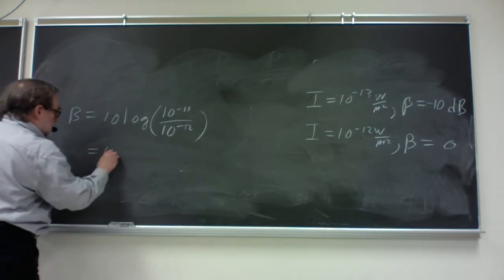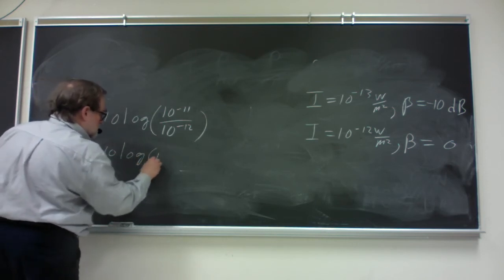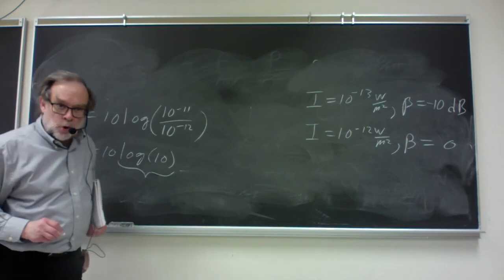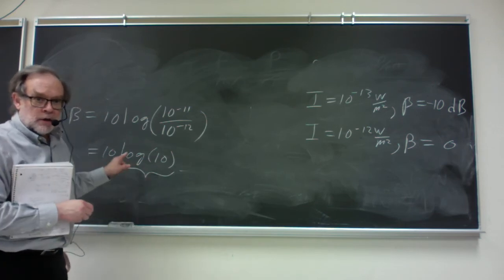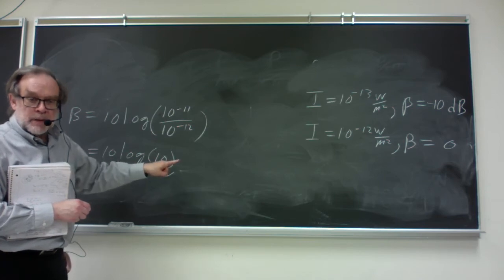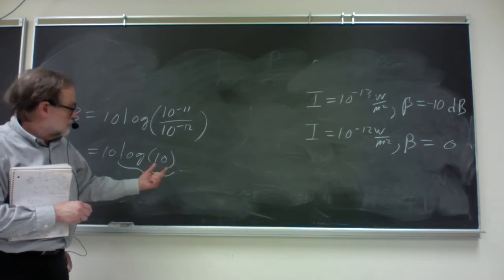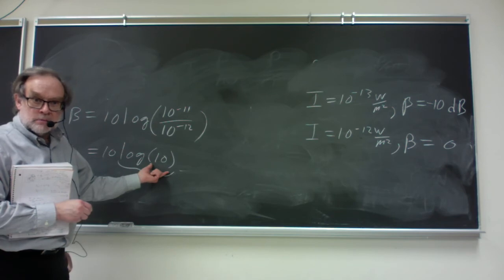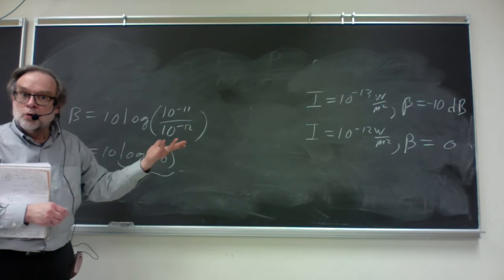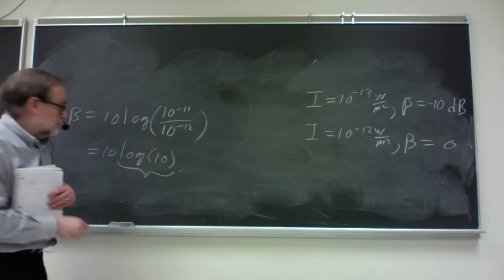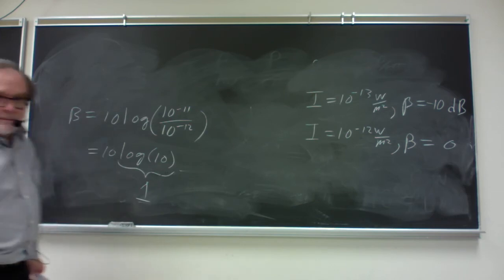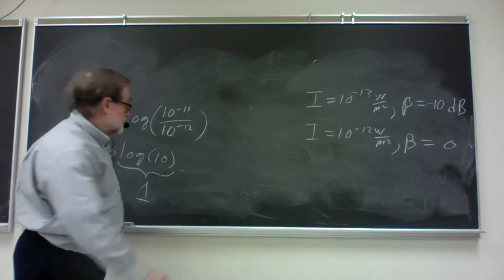So we have 10 log of 10. This log is the power to which we raise 10 in order to get that. To what power must we raise 10 in order to get 10? Obviously, 10 to the 1 is 10. So, in this case, plus 10 decibels.